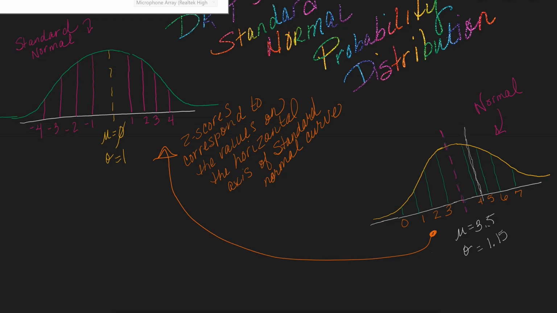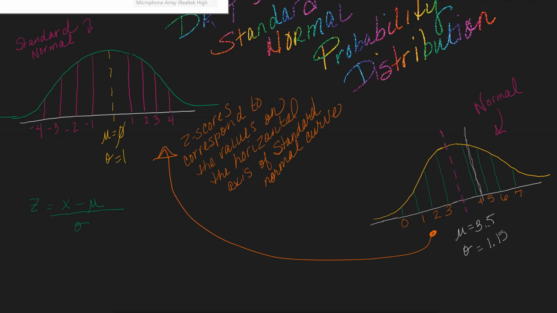And the way to do this is using a z-score. The equation for z is our x value that we're interested in minus the population mean divided by the standard deviation.